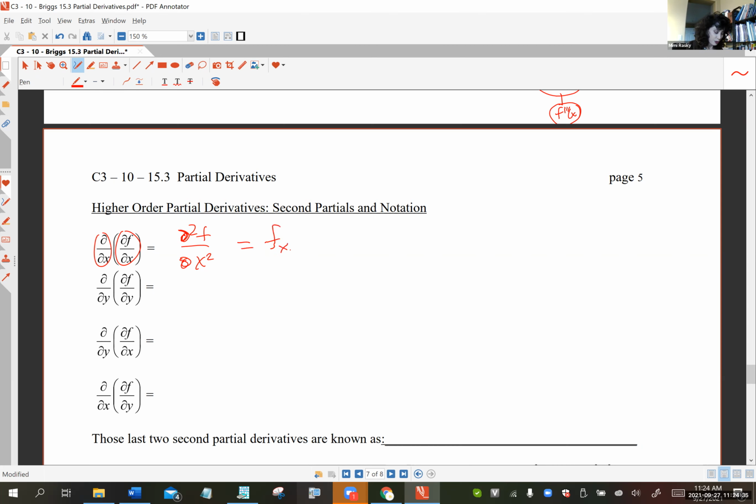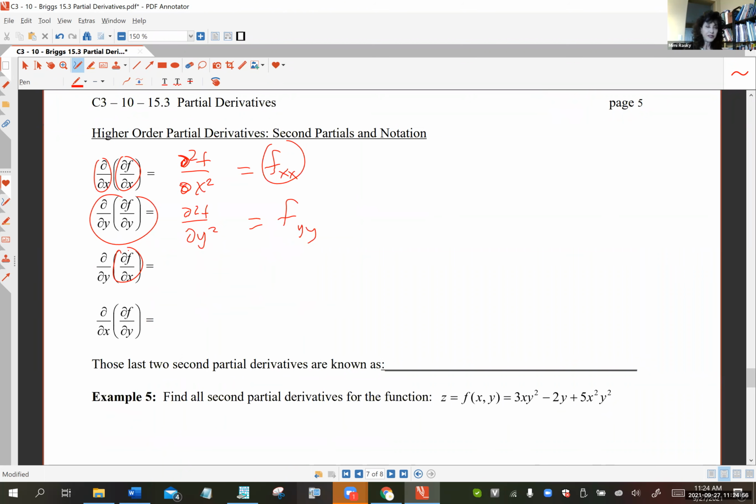And since you had to do it with respect to x both times, the other way to denote it using subscript notation is fxx, which is actually my personal favorite. I prefer that. What about if you take the partial with respect to y of df dy? D squared f over dy squared, or fyy.